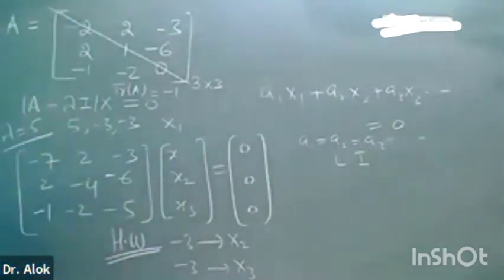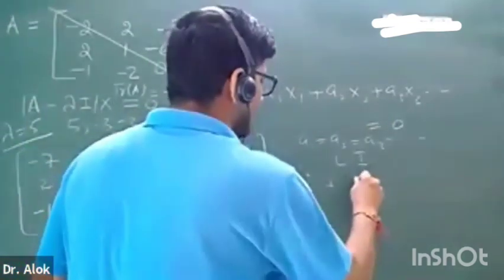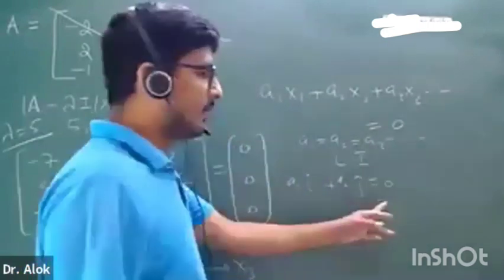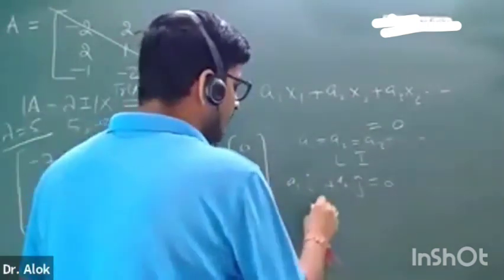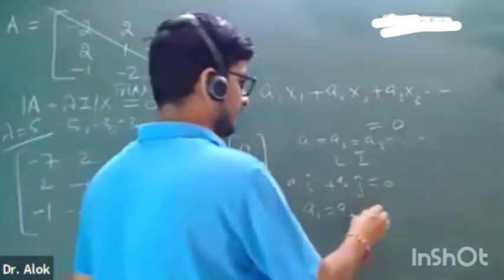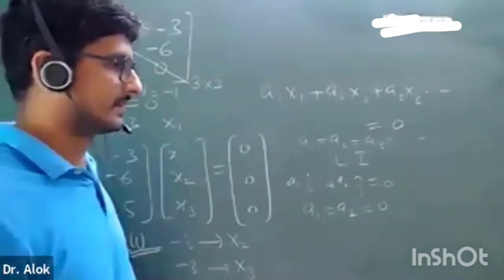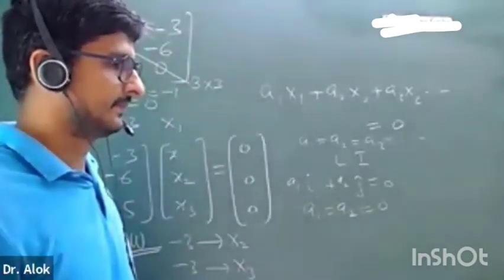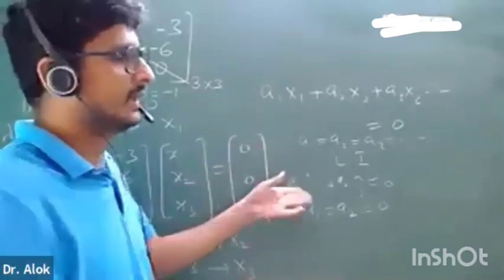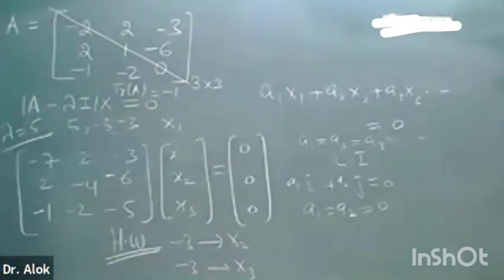Because I plus j, a1, a2, this is equal to 0 only when a1 and a2 become 0. That's why I and j are linearly independent vectors, correct? And here the meaning of vector will be some column vector, not only a Cartesian vector having 3 elements. It may have n elements also.